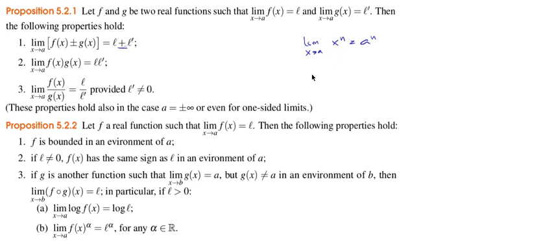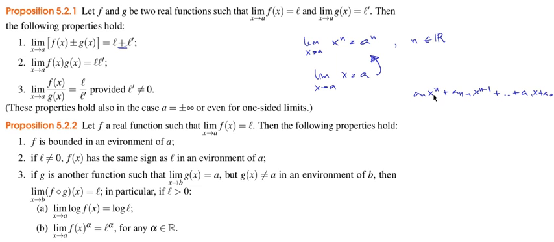So what we do is we take the limit of x when x goes to a, which is a. You can apply the definition to this, and it's pretty straightforward, and then apply this property to prove this for every n, where n is any real number. Now polynomials: a sub n x to the n plus a sub n minus 1 x to the n minus 1 plus and so on, plus a sub 1 x plus a sub 0.